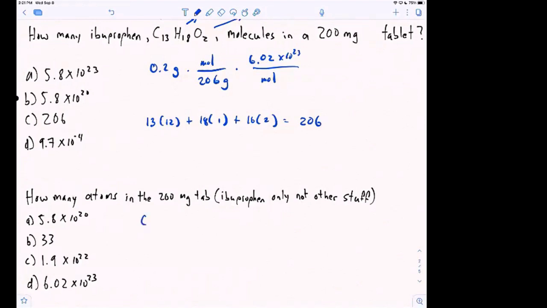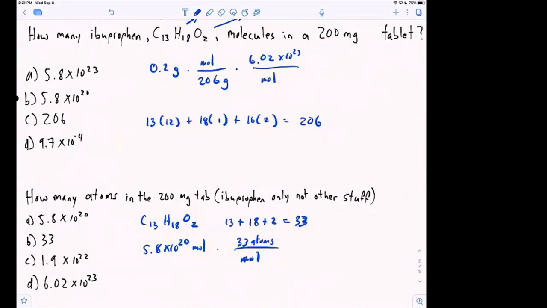So it's going to be C13H18O2. So for the number of atoms, you have 13 carbon atoms plus 18 hydrogen atoms plus 2 oxygen atoms, which means you have 33 atoms. And so you have 5.8 times 10 to the 20 moles, and then you have 33 atoms per mole.